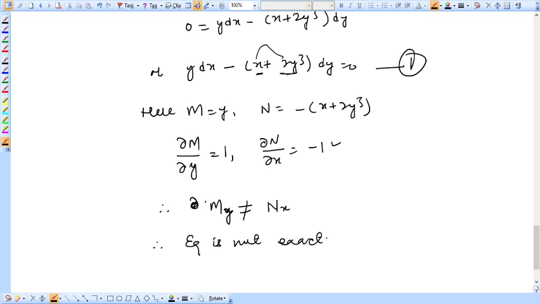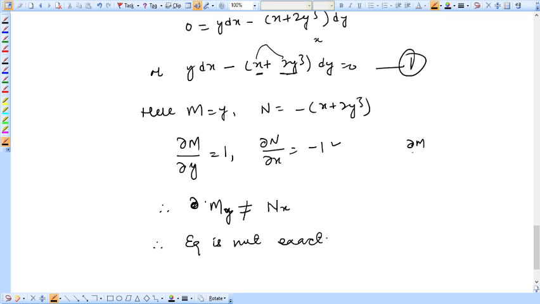Now rule number 2: I cannot take x common, and if there had been an x here then we could have thought about it, but there is no x, so rule number 2 is also ruled out. Now let us check rule 3.